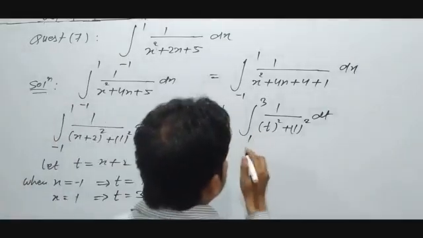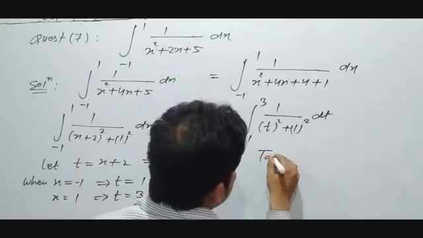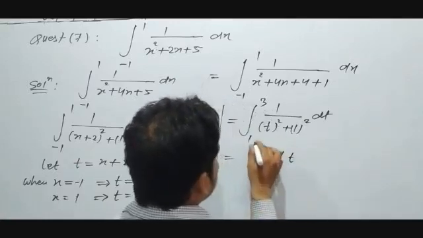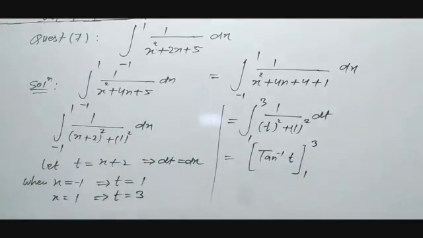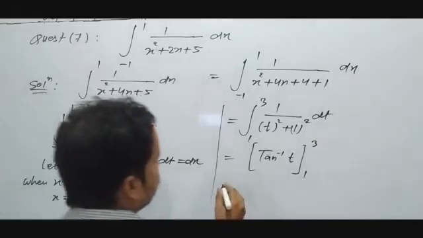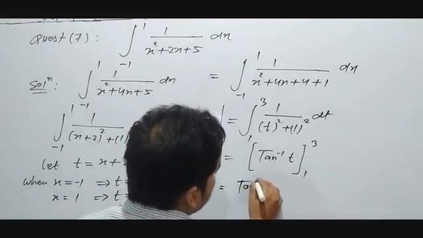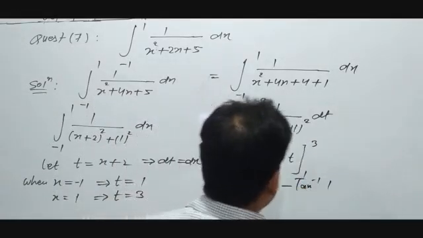So its result is integration tan inverse t with limits 1 and 3. Now after putting the values of 3 and 1, the result you can write is tan inverse 3 minus tan inverse 1.